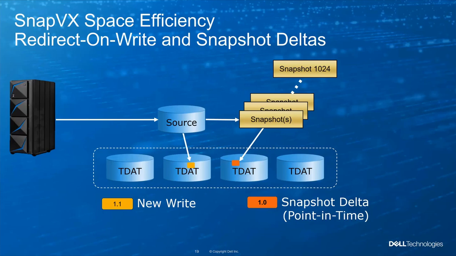It would write its data to a new location on the back end. But the snapshots never change. They point to the original point-in-time capture of the source image. We don't have to move any data. We don't stop the I/O, copy the data, and reconnect the I/O. It's all updated on the fly by moving these pointers around. Very, very space efficient. You can make many, many point-in-time copies with very little additional capacity.